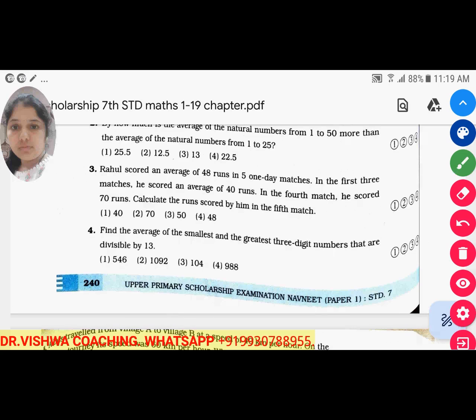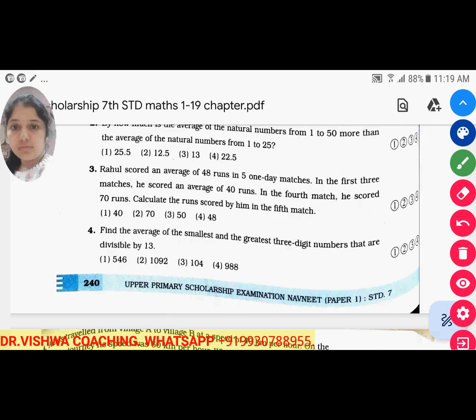He got 70 runs, and we have to calculate the runs scored by him in the last match. So what we can do here is calculate the runs scored by him in the first matches. Now see, the total runs by him in the first 5 matches we have to calculate.